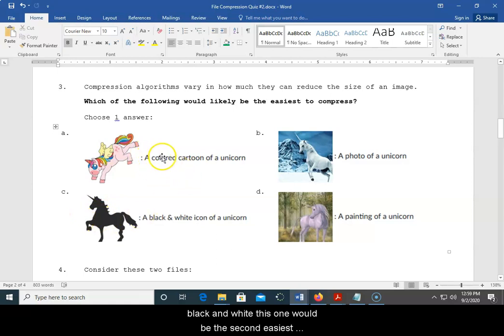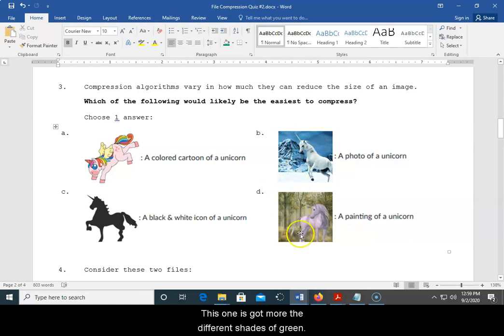This one would be the second easiest because there's white, a little bit of a dark pink and a light pink, and some blue and yellow and red and orange and green and light blue. But those are all the colors in here. When you start getting into these colors, B and D, I'm not really sure which one would be easier to compress. I suspect it would be B because the colors are more alike.